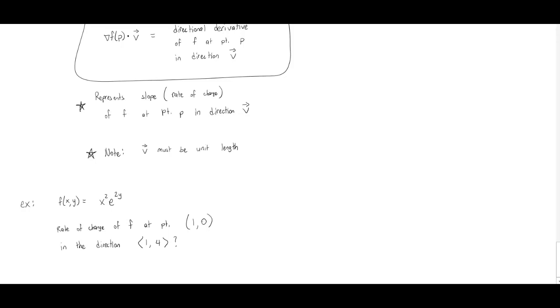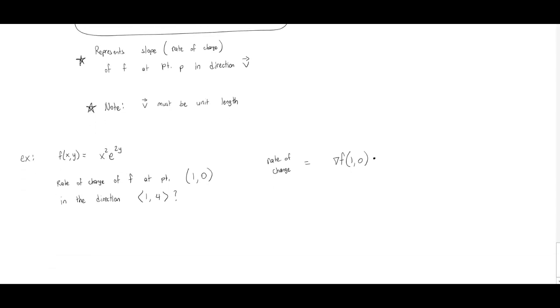So this rate of change, I can calculate it by doing the gradient of f evaluated at my point. And then I would dot it with a direction vector, right? Now this is one thing that you need to keep in mind about these problems, the direction vector. Remember, it has to be unit length when you're doing this computation. Right now, the vector that we're given is actually not unit length, right? So if I look at the direction vector that we were given, what is the length of this vector?